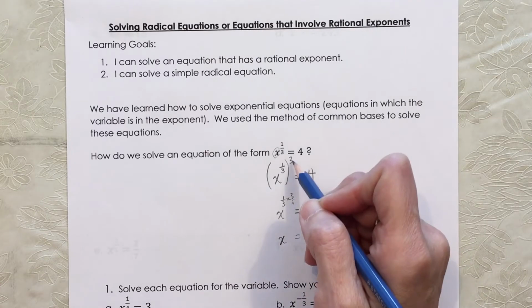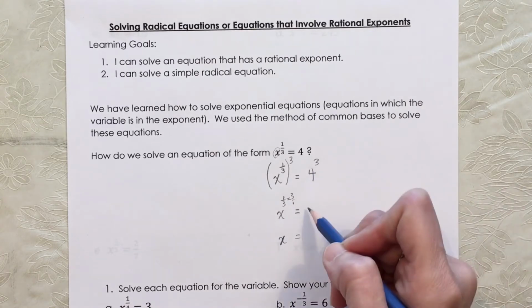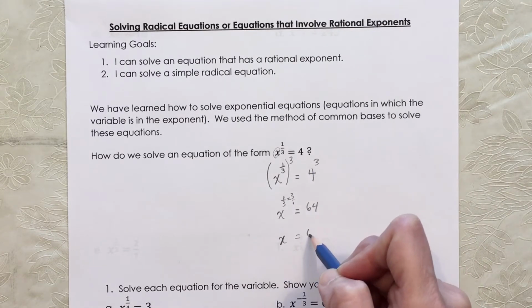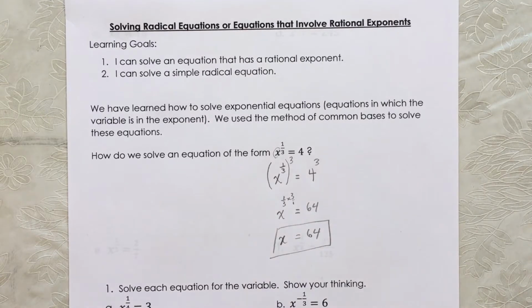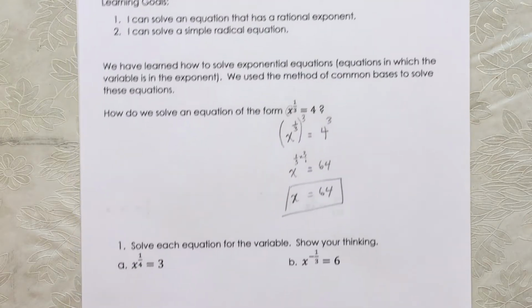But if I raise this side to the 3, I have to raise this side to the 3. So 4 to the power of 3 ends up being 64, so x is 64, right? I feel like that's a really cool way to solve equations that can look intimidating, but really once we know we're just doing the same thing to both sides, they're pretty easy to solve.